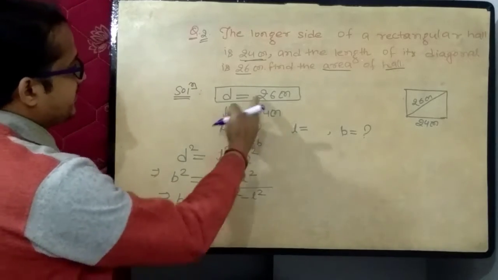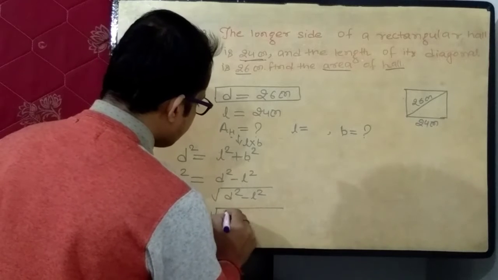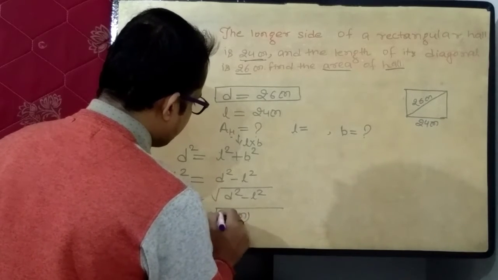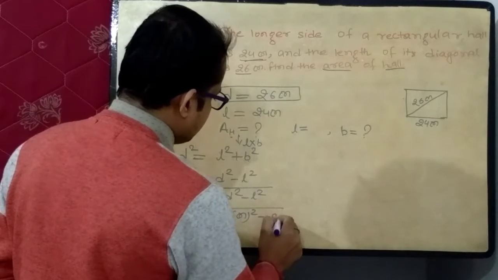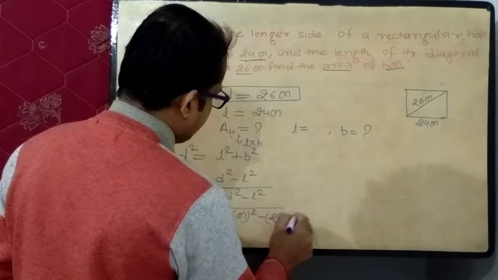What is D? D is given, 26 meter whole square, minus what is L? This is 24 meter whole square.